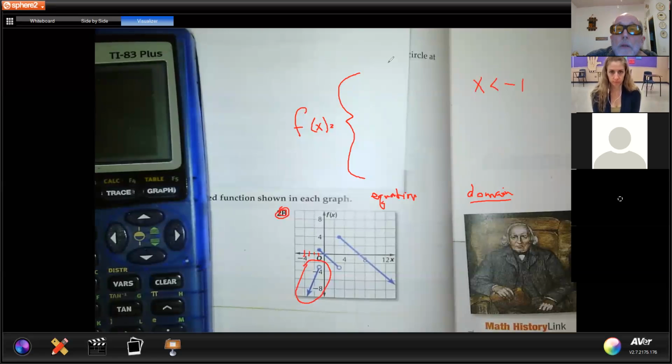So let's get a different color here, blue. So this middle one, if I look at the middle one, it starts at -1.